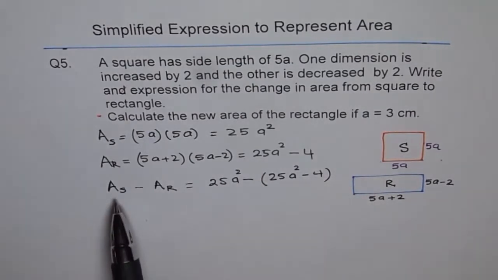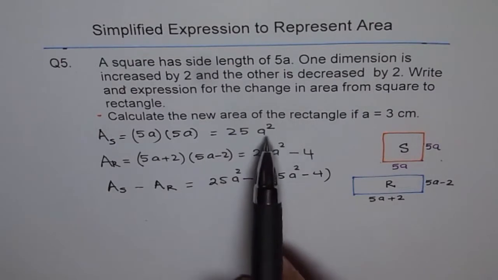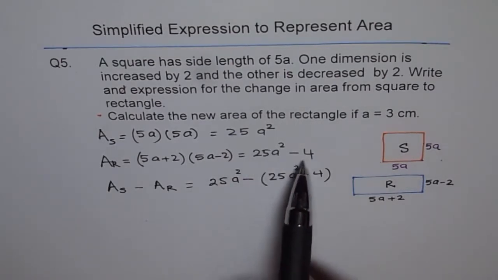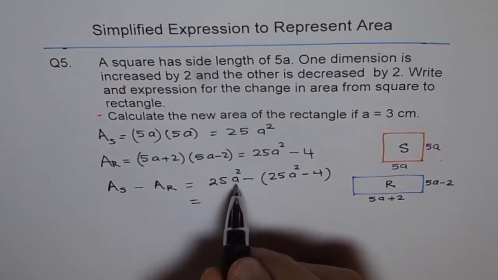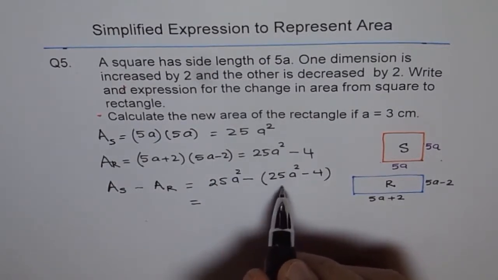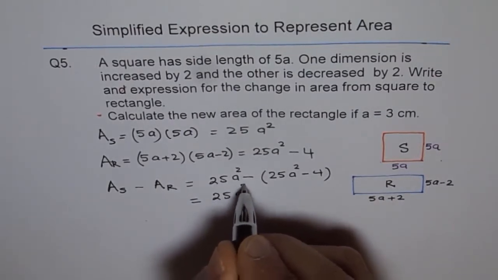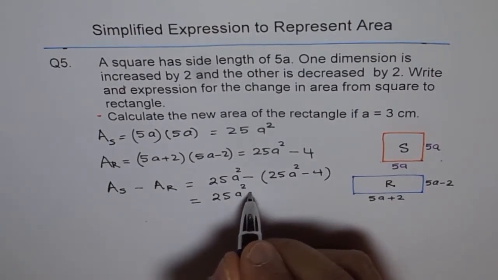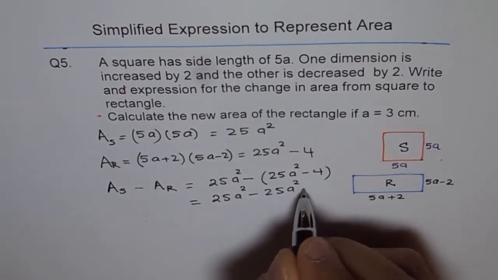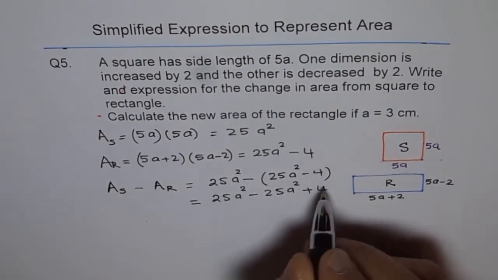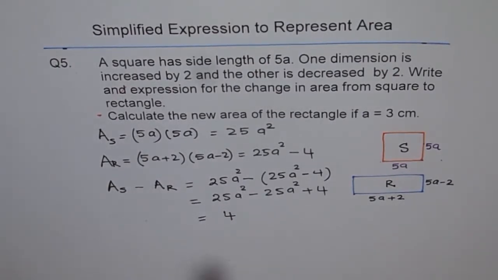So the square area was 25a square, the rectangle is 25a square minus 4. And what do we get? We get 25a square minus 25a square plus 4. When you open this, you get just the value of 4, right?